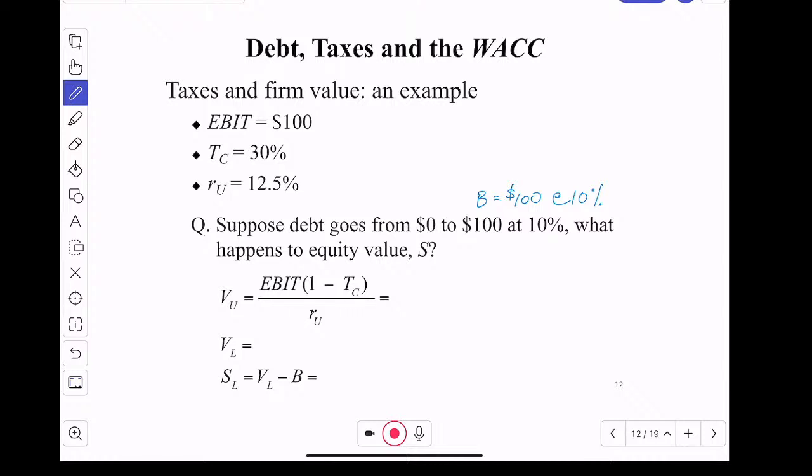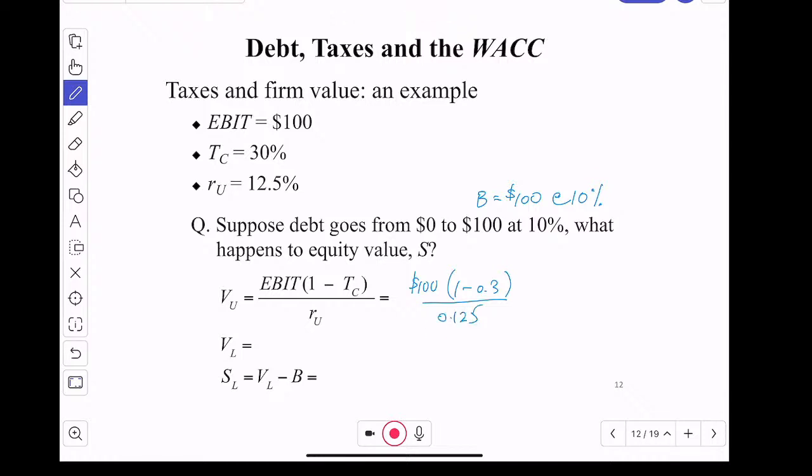So we take the earnings times 1 minus TC and the value of the firm. So this maybe looks new, but remember the value is equal to the present value of future cash flow. So this is going to be the perpetual future cash flows after tax. And then the discount rate is 12.5%. So that's going to be the required rate of return to investors in the unlevered firm.